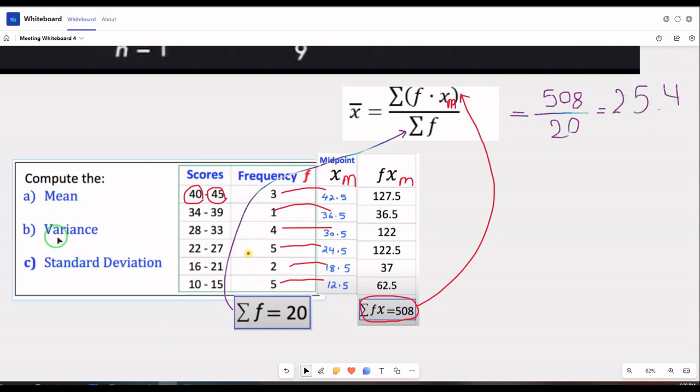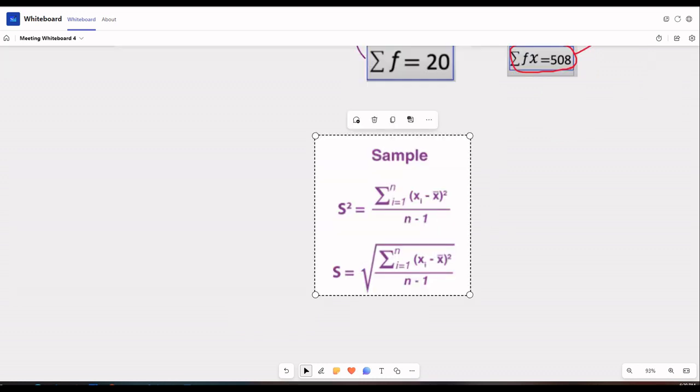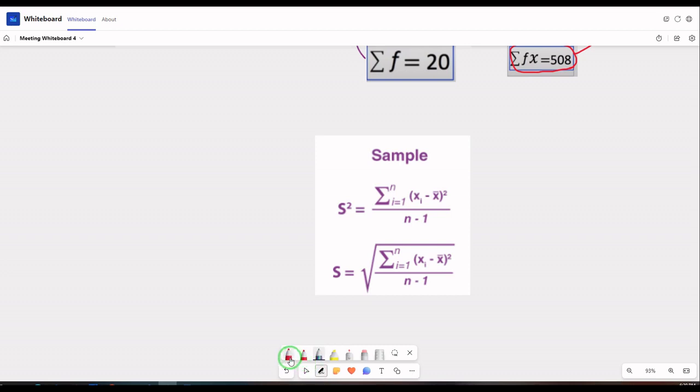Now the question is asking about the variance and the standard deviation. Now I will let you know the relationship between variance and standard deviation as a side note. Remember, here you're dealing with the sample. So S, as I just mentioned before, is your standard deviation, which I usually show with STD.